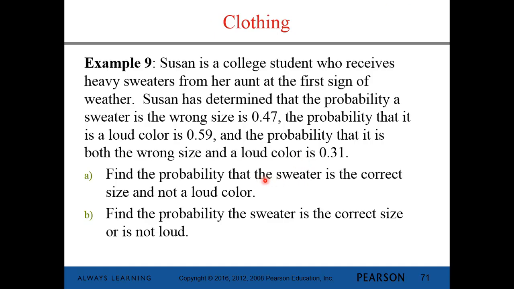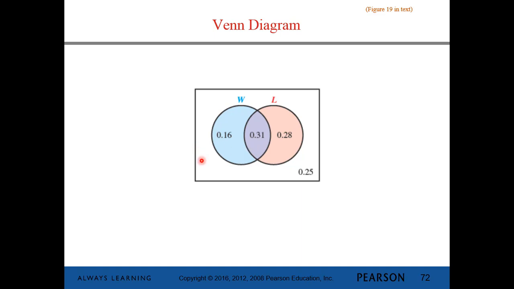So we want the probability the sweater is the correct size and not a loud color. So we're outside this circle and we're outside this circle. So that means we're in the white here. So that means the probability is 0.25.